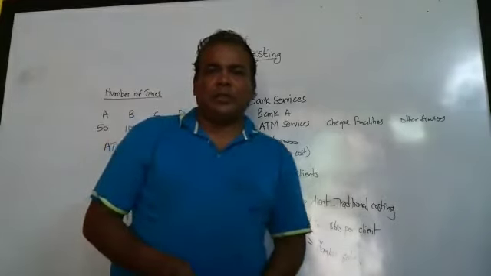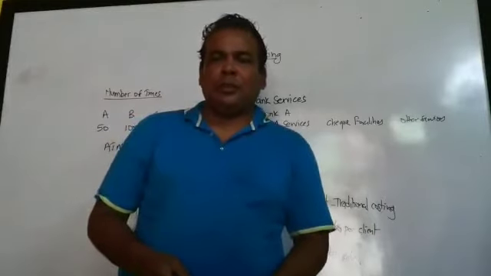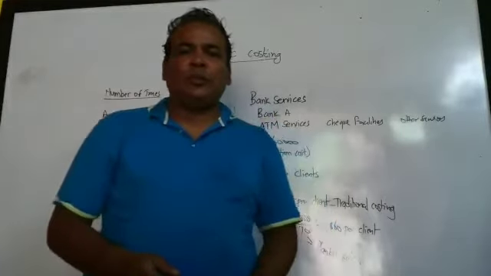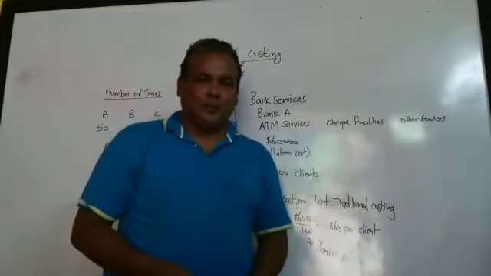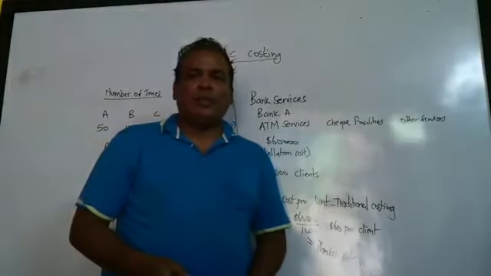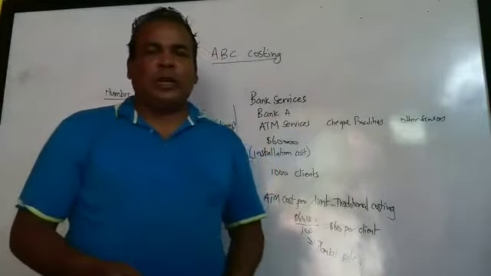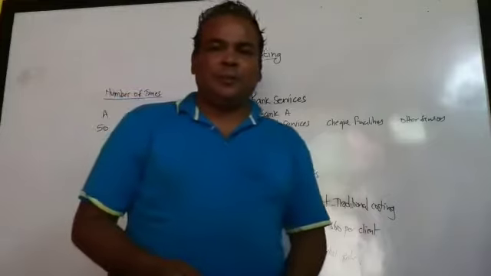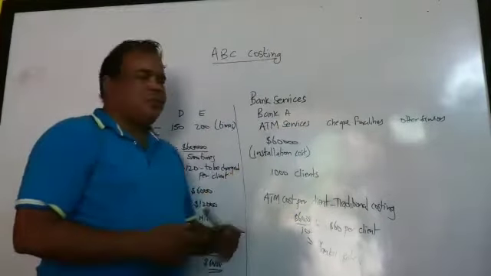And all services will be charged to the customers. No services will be given free to the customers. The customers will have to pay for these services. If the bank is providing a standing order service to a client, the client will be charged for this service. Now let us see this one, ATM services.